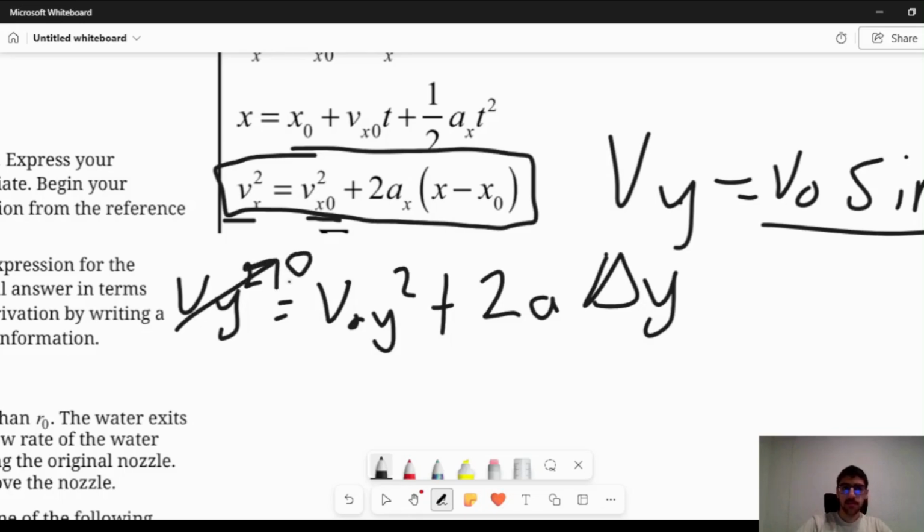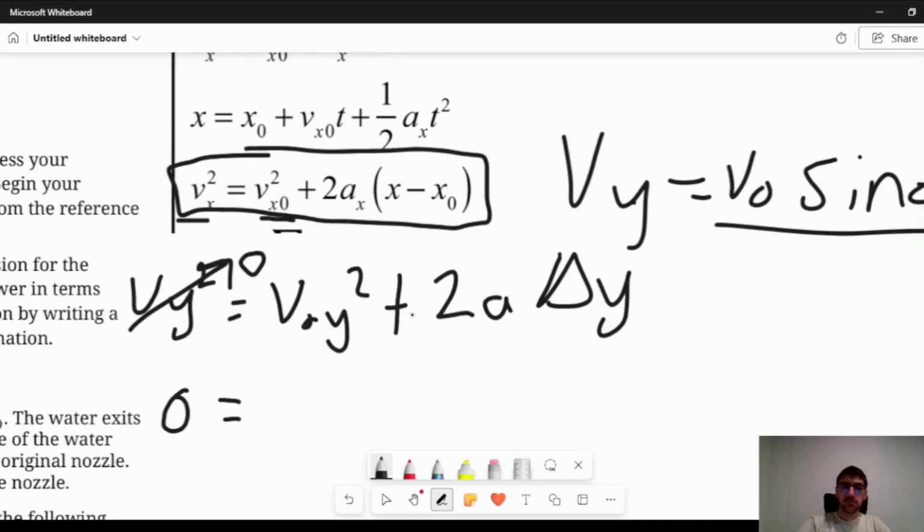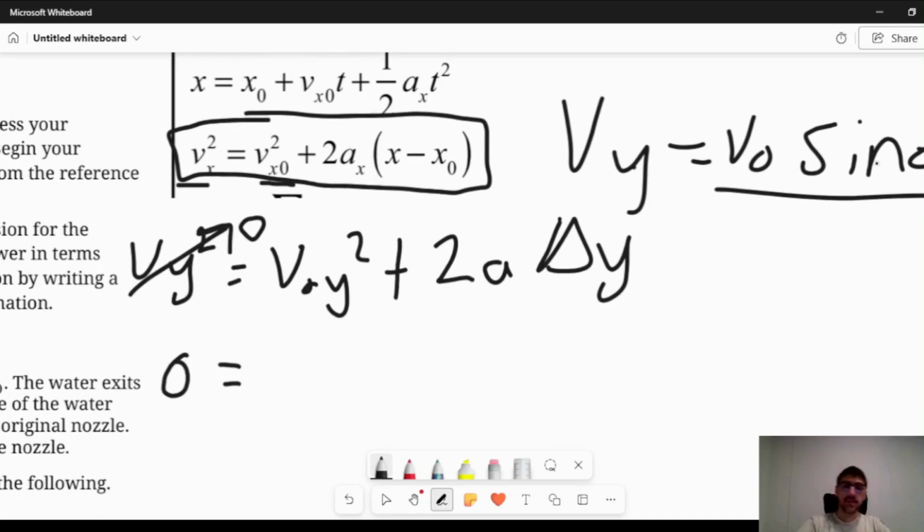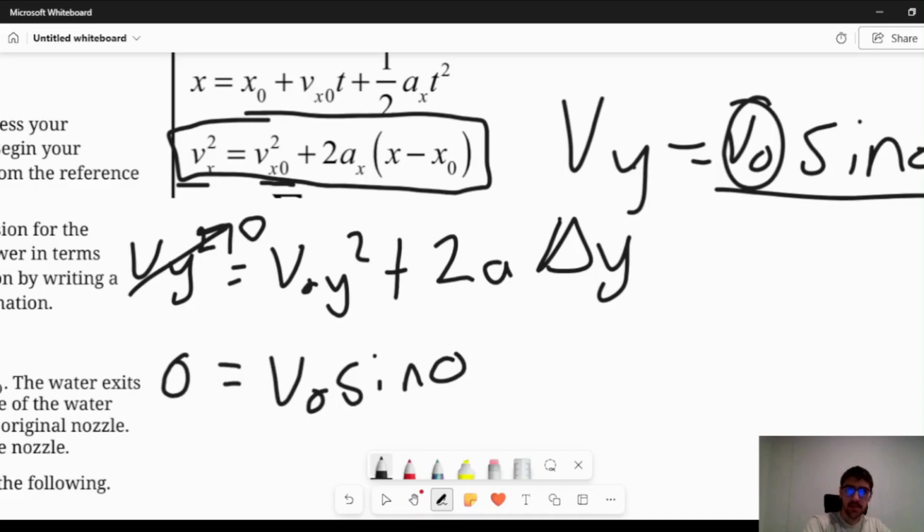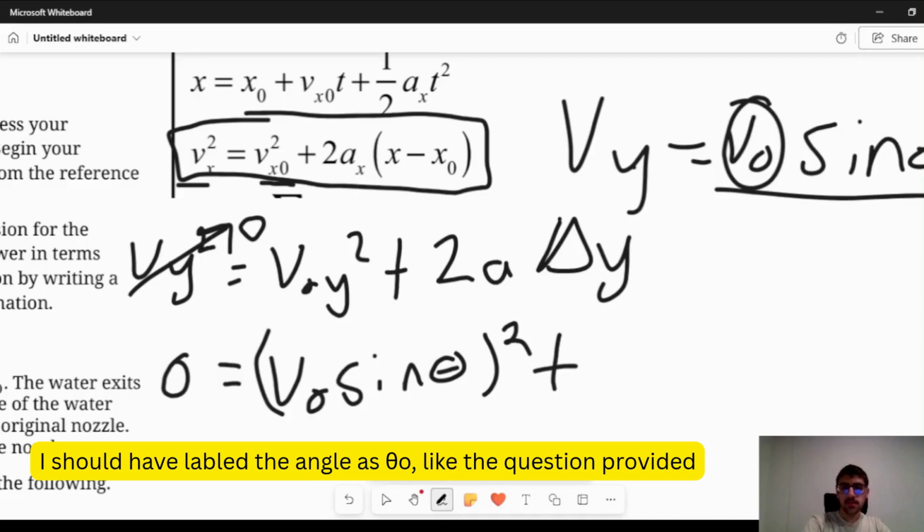So then we get 0 is equal to V0y, and we're going to substitute V initial y with V0 sine theta, because we want to solve for V0. So we need to somehow get it into the equation. So V0 sine theta, and that whole term is squared, plus 2a. We know that a is g, so we're going to put negative, because it is negative g.